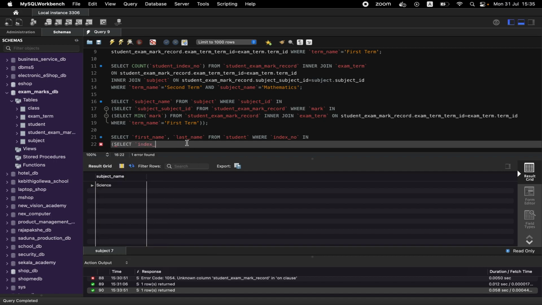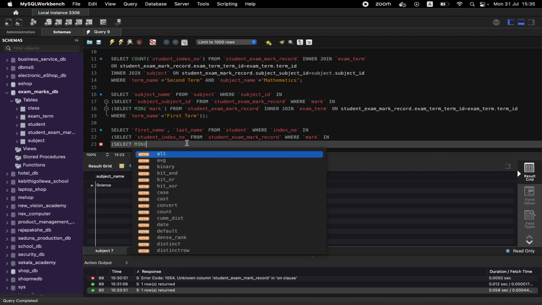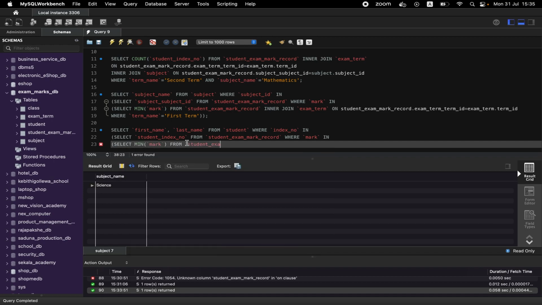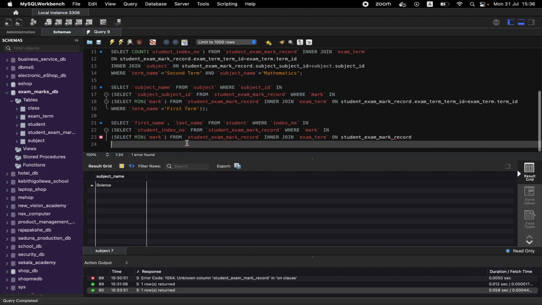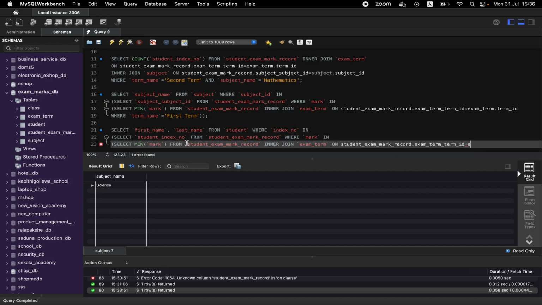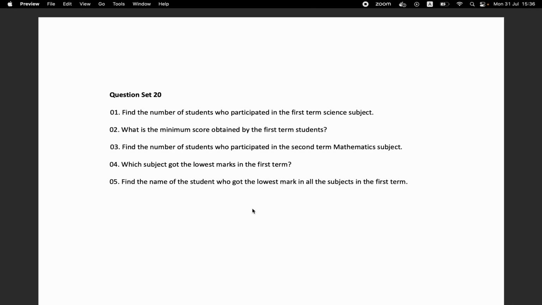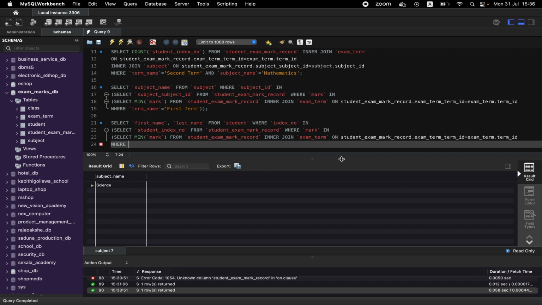Select student underscore index number from student exam mark record, where mark in select minimum marks from student exam mark record, in a join exam term on student exam mark record dot term id equals term id, where in the first term the term name equals first term.